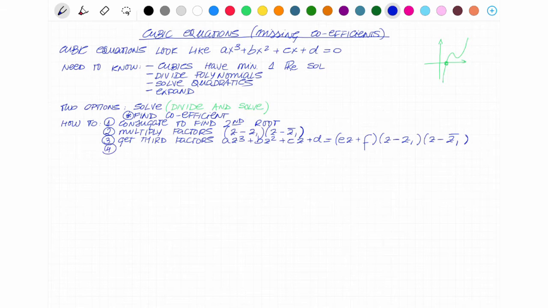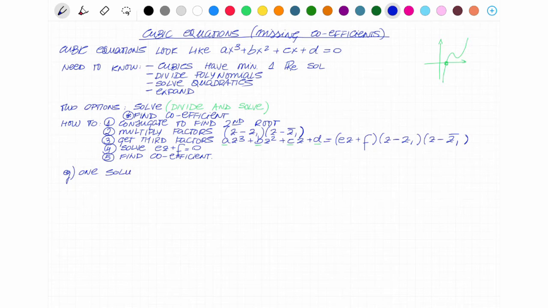Once you've got the third factor, you can solve it and find the third root, which is equating to 0. And once you've got everything, you can find the missing coefficient, because you will have everything for your A, B, C, and D, and you just need to compare and find the missing one.